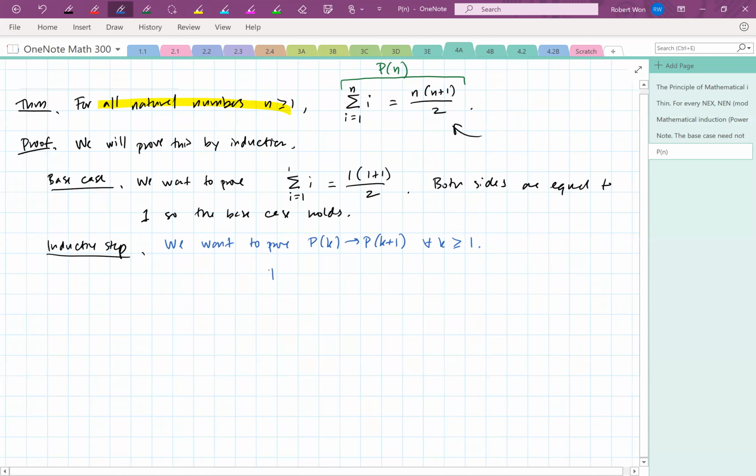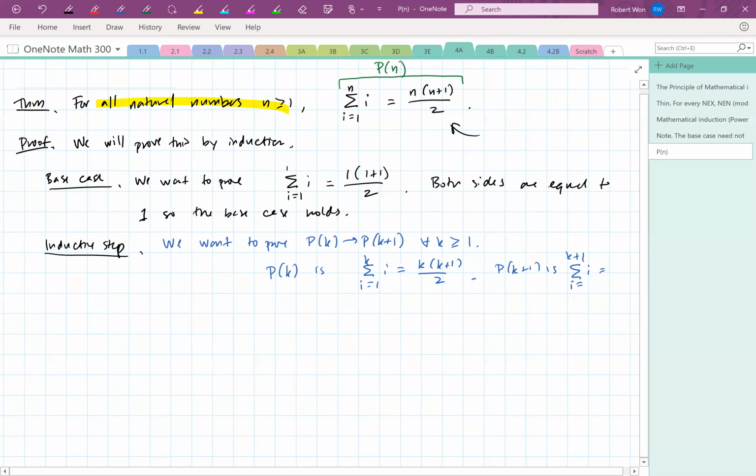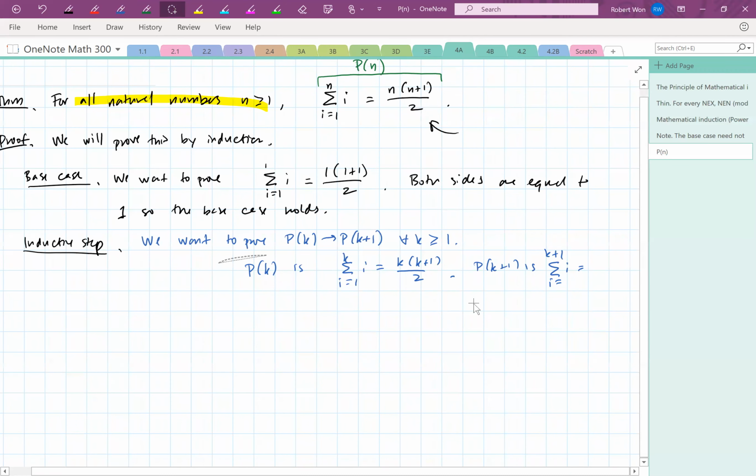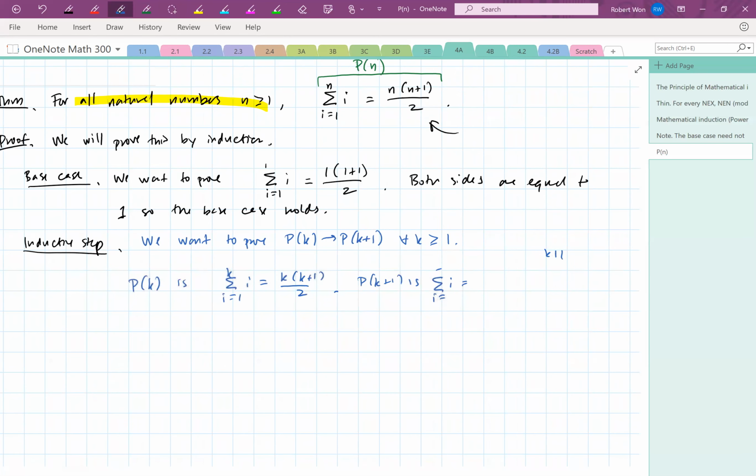And what is P of k? P of k is the statement the sum from i equals 1 to k of i equals k times k plus 1 over 2. The statement P of k plus 1 is the sum from i equals 1 to k plus 1 of i is equal to k plus 1 times k plus 1 plus 1 over 2.